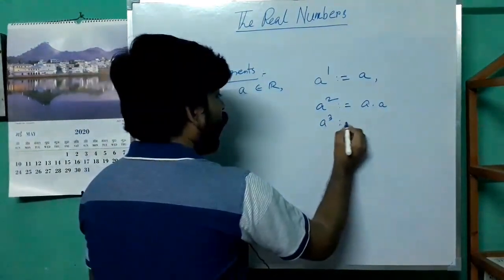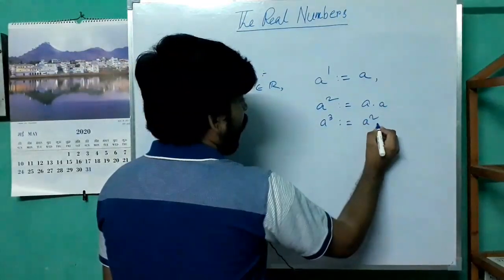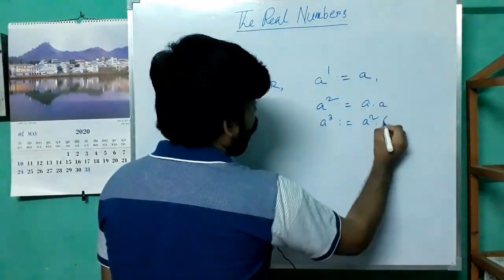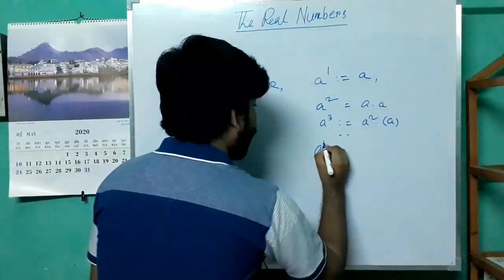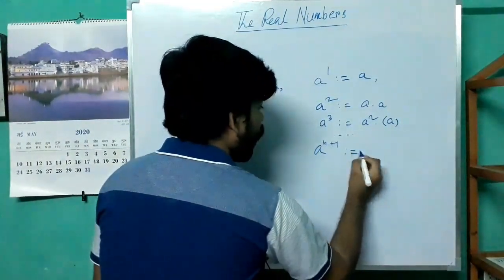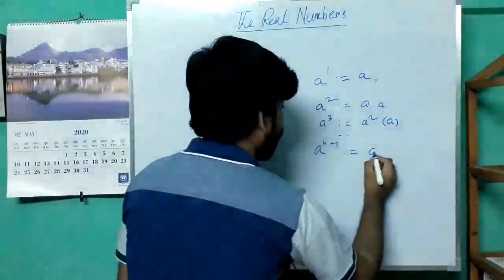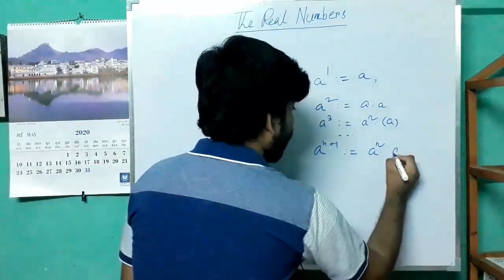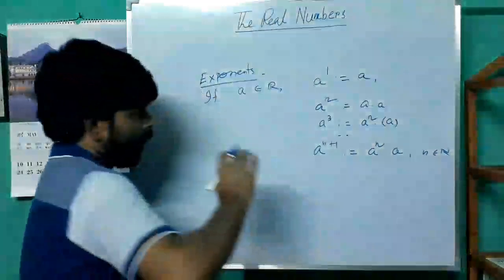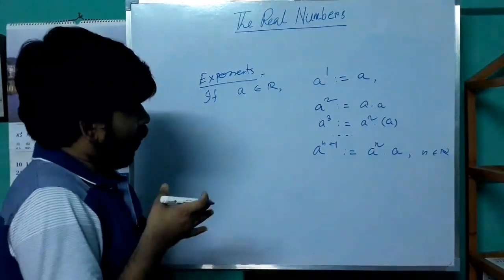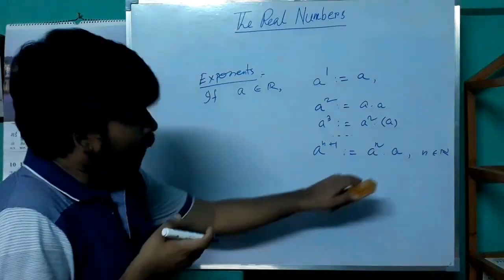By a cube we mean a square into a. And similarly, by a to the power n plus 1 we mean a to the power n into a, where n belongs to the natural numbers. Here we know that multiplication is commutative.